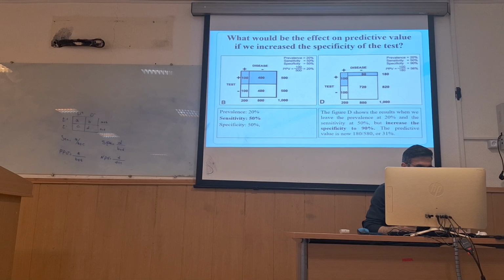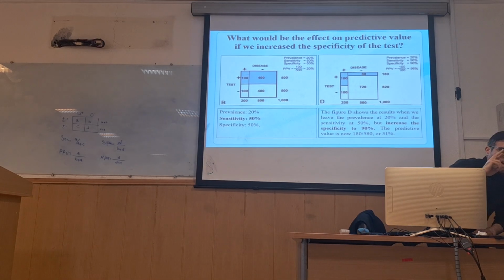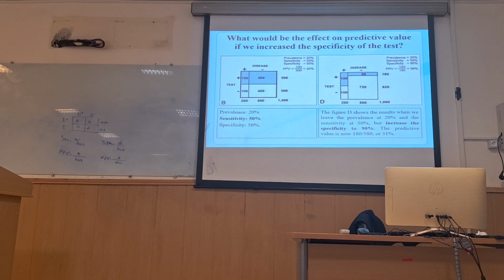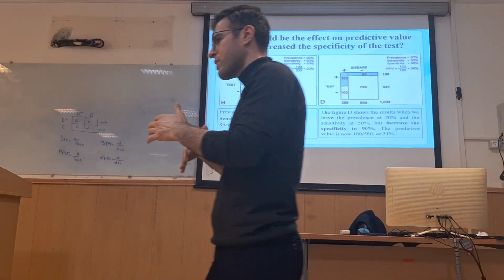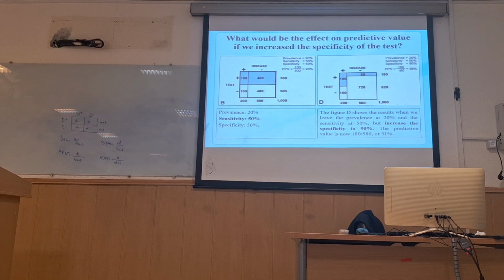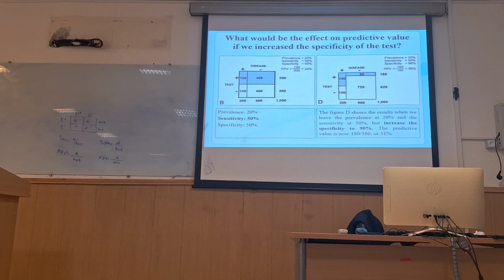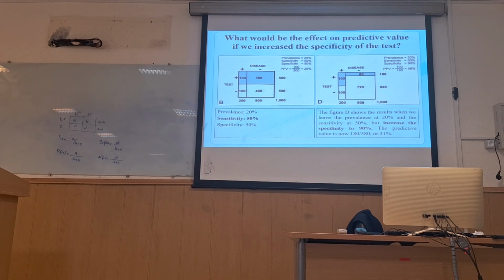Do you understand it? Please give me an example. Please write an example and design two scenarios. In one of them, sensitivity is, for example, low and specificity is low. But in the other scenario, please give me a scenario in which both specificity and sensitivity are high. After that, please calculate positive predictive value.